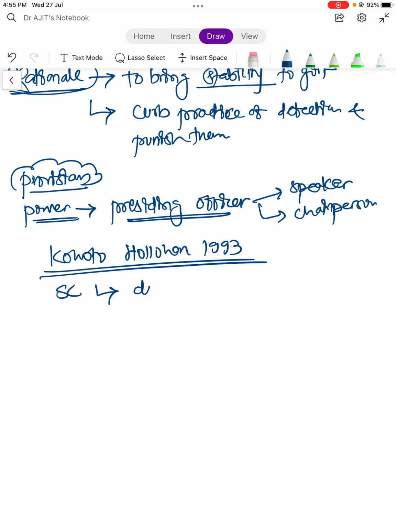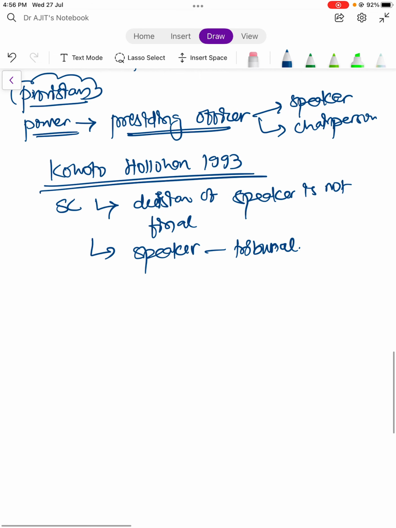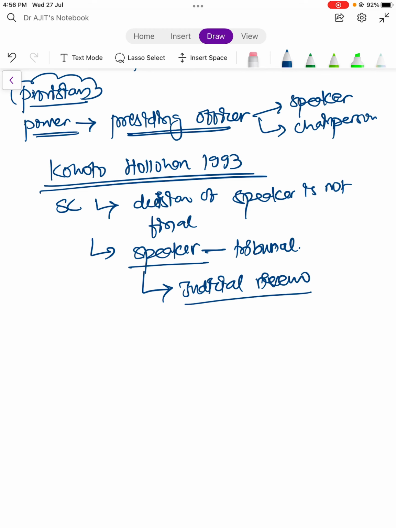First, the decision of the Speaker is not final, as when the Speaker sits for a case of anti-defection, he acts as a tribunal, and as all tribunals are subject to judicial review against their orders, so is the case of the Speaker. When he decides the case of anti-defection, there will be judicial review available, right?